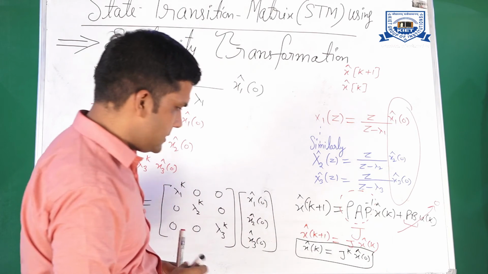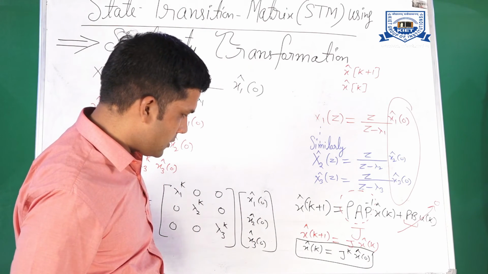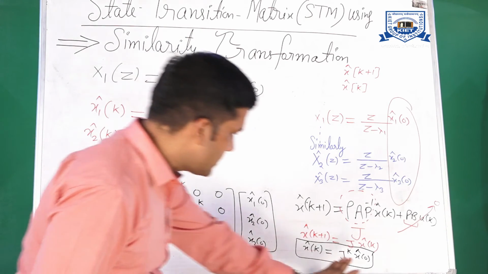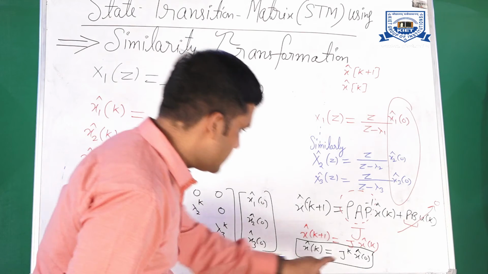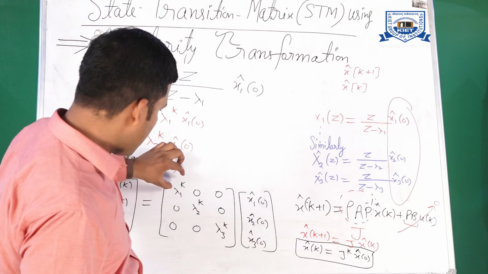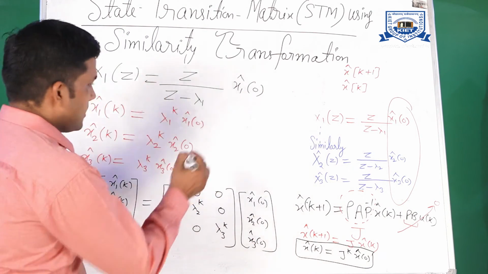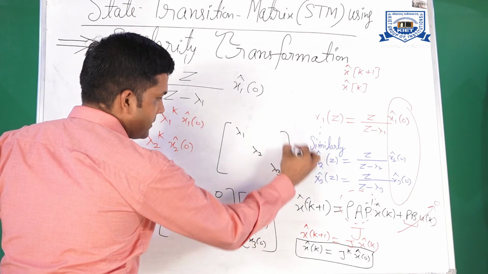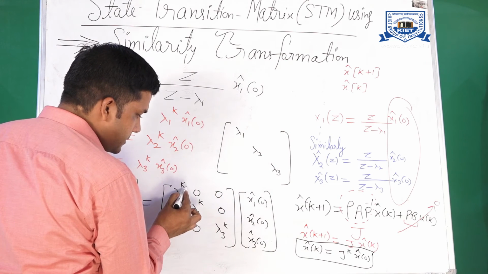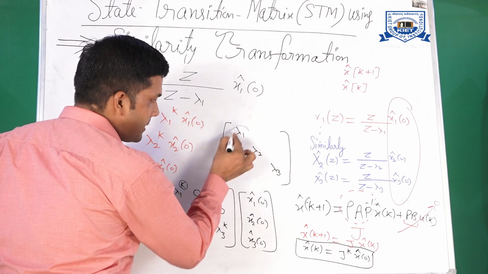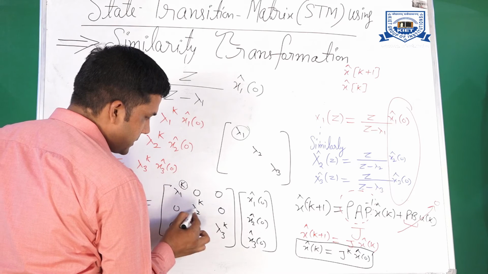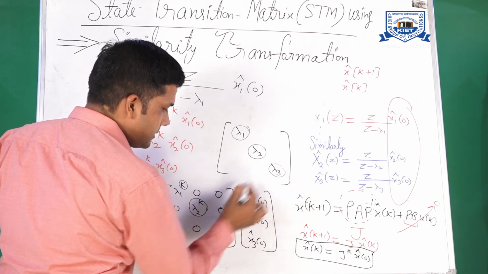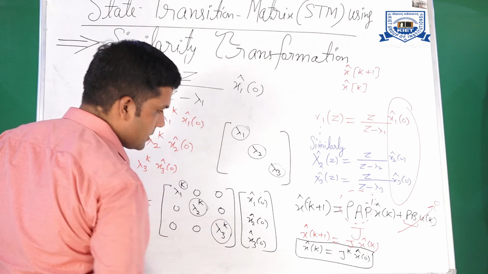If we see the figure of both equations, we can see x cap k, x cap 0, J to the power k. The only difference is lambda 1, lambda 2 and lambda 3. Only the power comes here: lambda 1 to the power k, lambda 2 to the power k, lambda 3 to the power k.